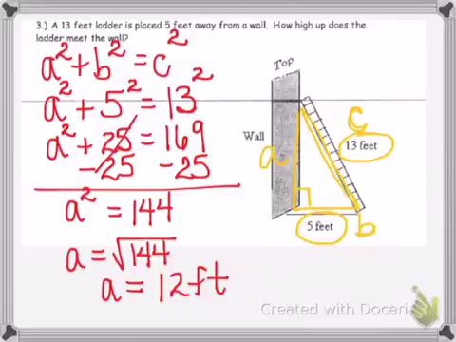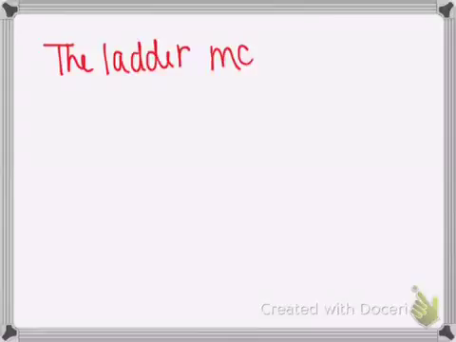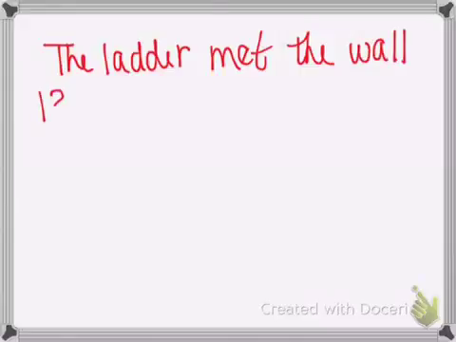And because this is a word problem, you're going to want to make sure that you write your answer in a sentence with units. So to answer the problem, I'm going to say that the ladder met the wall 12 feet up from the ground.